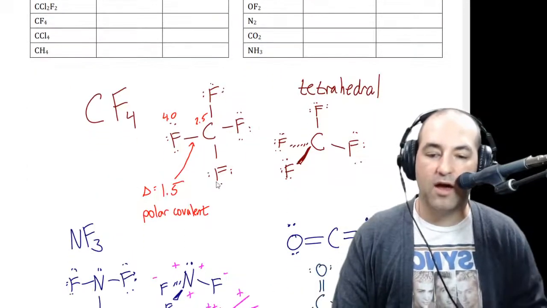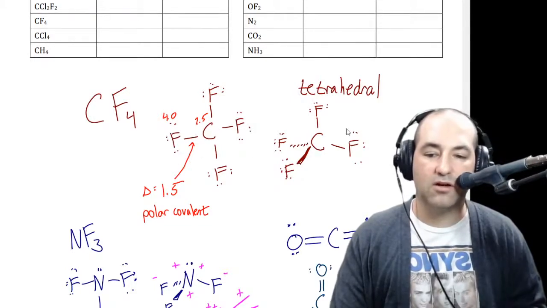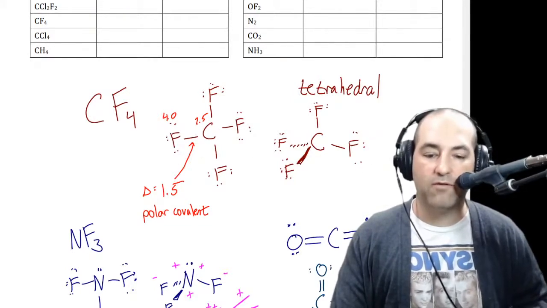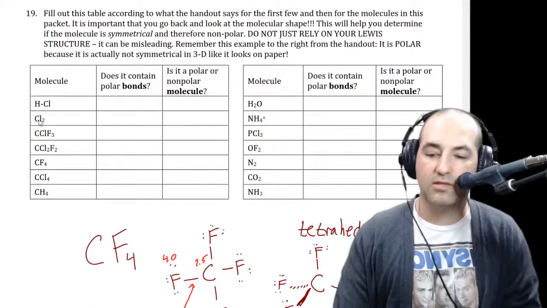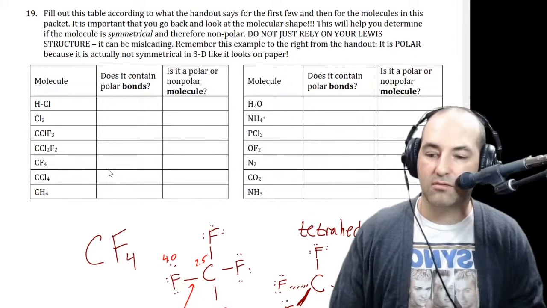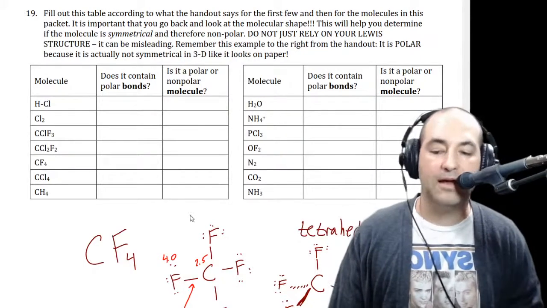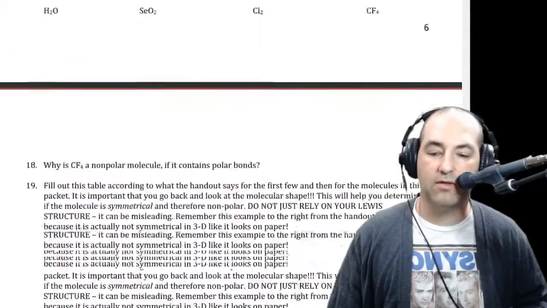If you have CF4, you look at the C-F bonds and you say, yes, they're polar. If you have one with multiple different types of bonds in it, like CCl2F2, you'd come up with a Lewis structure for that, and same idea. So let's work through that one.